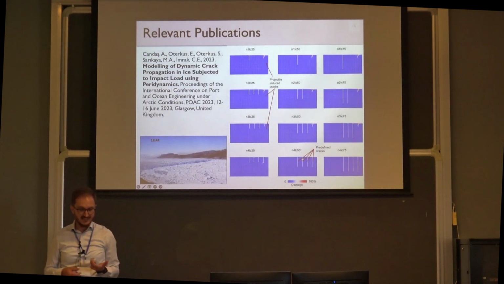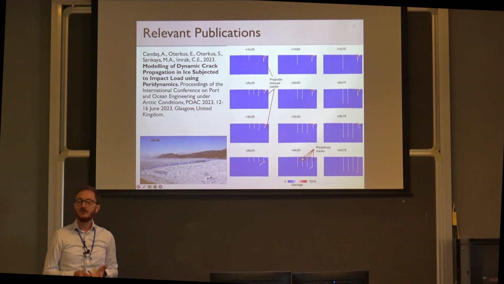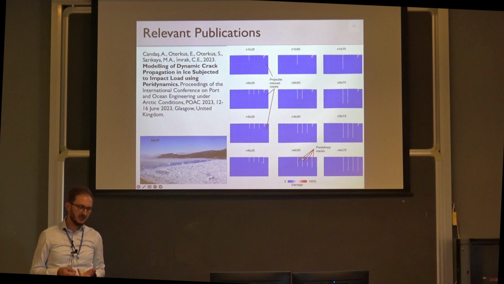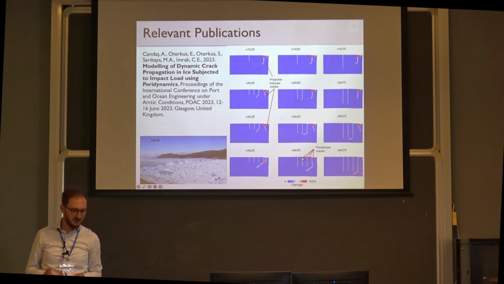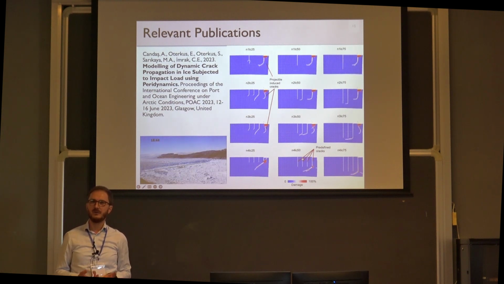And this is another study. We tried to model the calving process of a glacier. A glacier can be brittle, and it can be modeled with peridynamics. And the calving process, maybe you know, is a part of the ablation mechanism of glaciers.